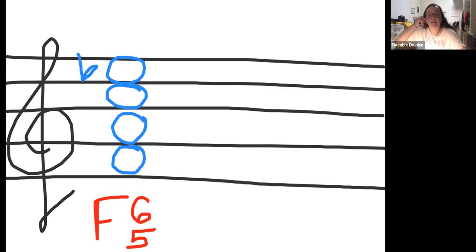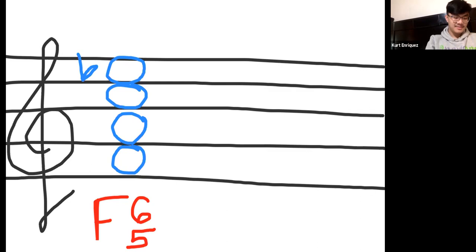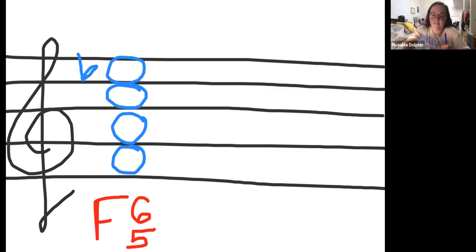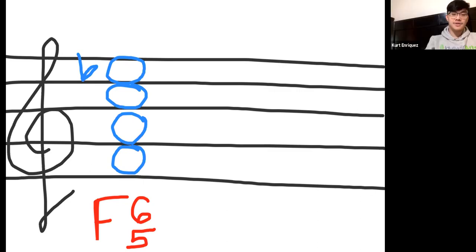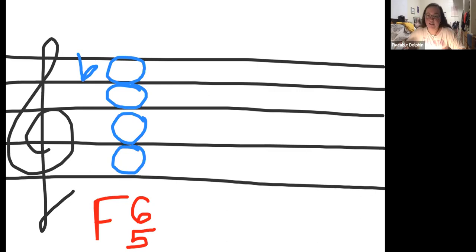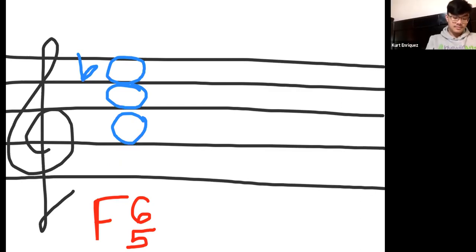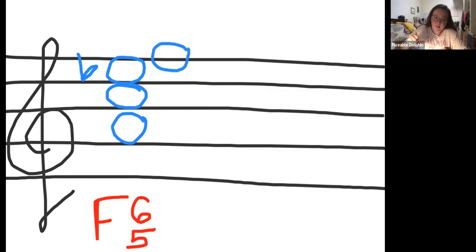Hold on, I'll take these out again. Okay, say it again. The first note goes up an octave. The first note is F. Yes. So this goes up, it's gonna go right there, right next to it. So that's what your first one would look like.